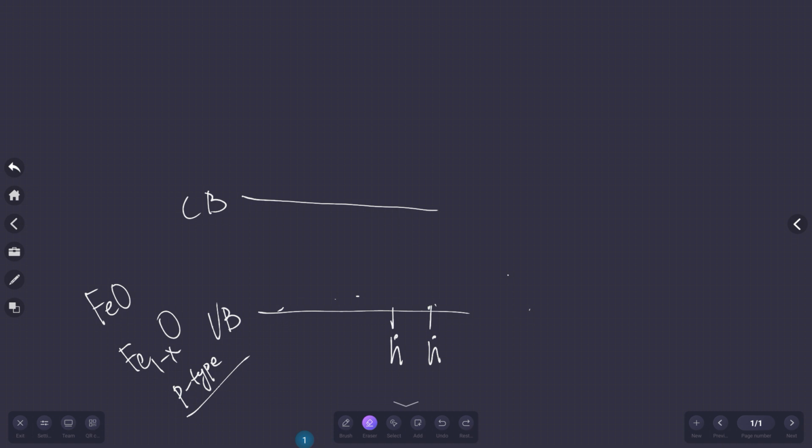Okay, so the effect is different, or opposite, in the sense that the vacancy on the oxygen site will create donor states in the band. And with a little bit of energy, it will donate an electron to the conduction band and become doubly positive.